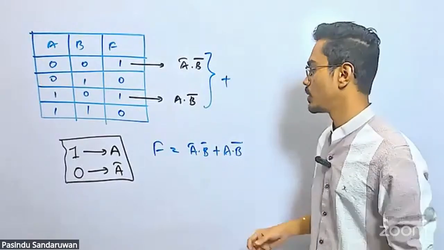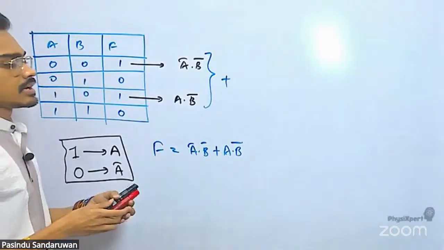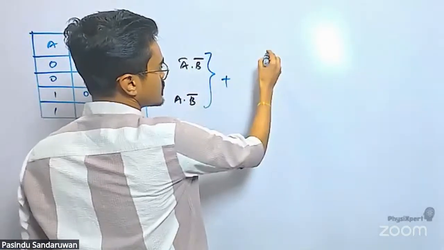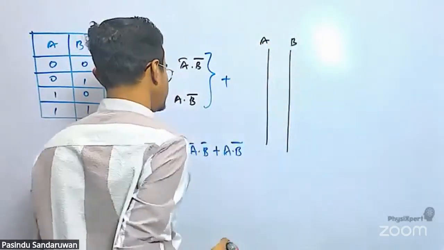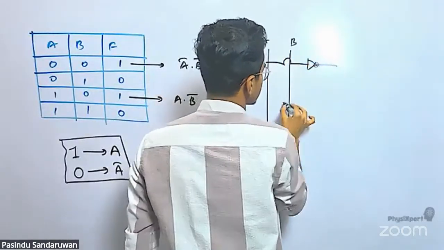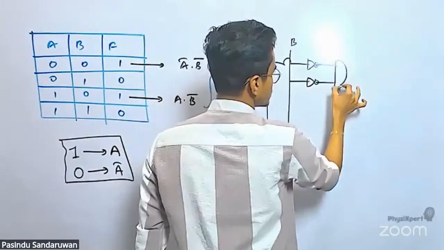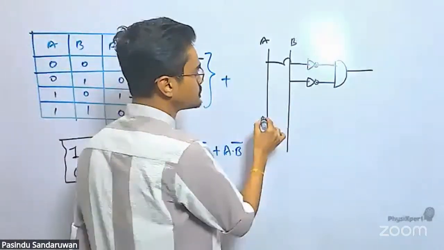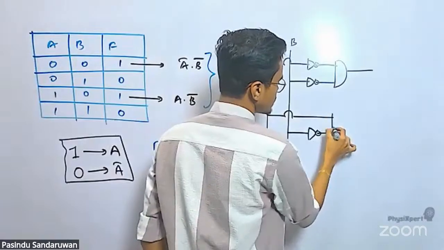Right. Now you can draw the circuit. Output is A bar dot B bar plus A dot B bar. Variables are A and B, only two variables. A, B, then A bar dot B bar. A bar comes here, B bar here. Then from this end, A bar dot B bar comes. Then we need A dot B bar. A is here, B bar is here.